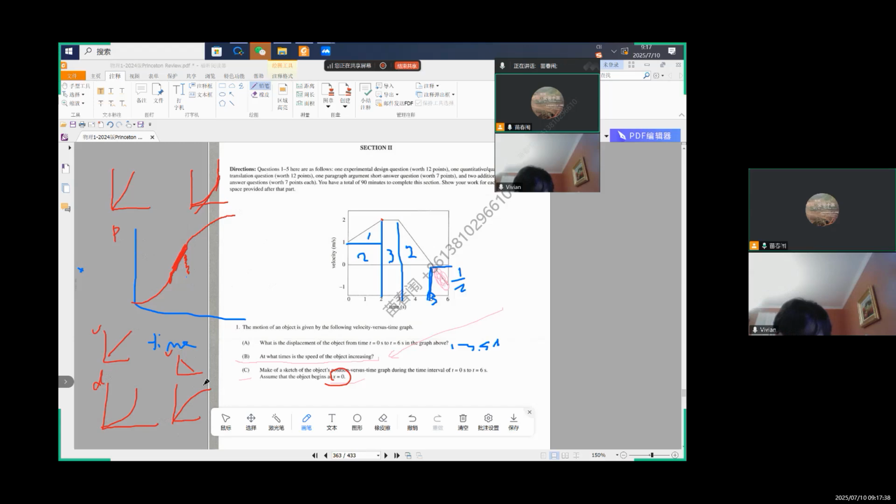And then from 3 to 5. Oh, this part is 3 to 5. This is 3, this is 3, I think this is 2. This is 3 to 5. And then this part, you should go in the different direction of the displacement, which means you should decrease your position, like this.